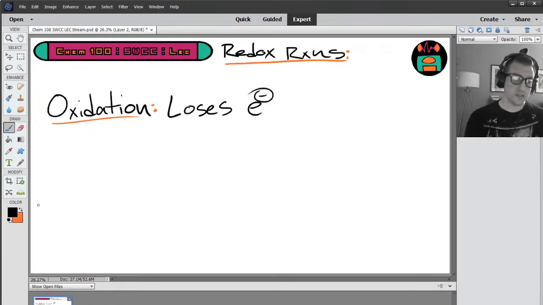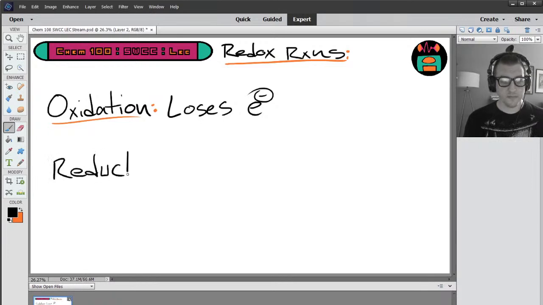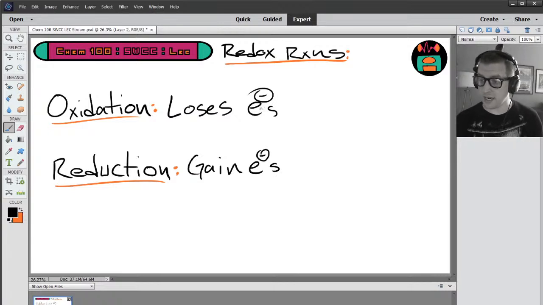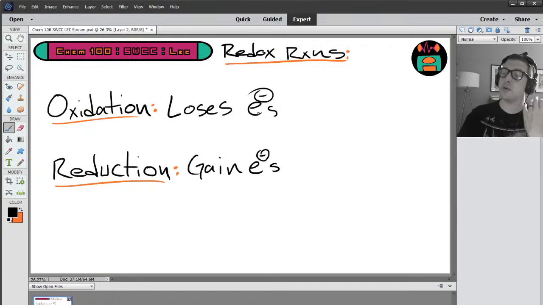You lose electrons when you undergo oxidation, and reduction was the reverse process, right? When you undergo reduction or are reduced, it involves gaining electrons. And this led us to the mnemonic LEO says GER, where you lose electrons for oxidation, you gain electrons for reduction.